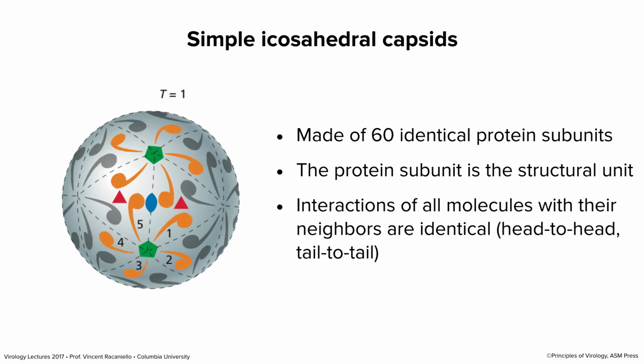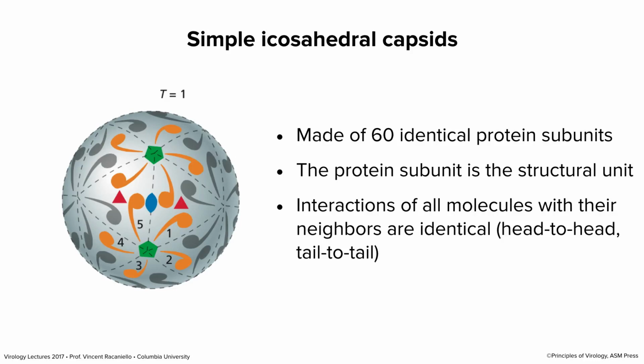In this virus, which we've diagrammed here as a spherical particle, which is correct, we've got the protein subunits shown as commas, just so that you can identify them. And these commas are all made of a single protein. In fact, the protein for this virus is the structural unit. It's the same thing. For some viruses, the structural unit will be a collection of multiple proteins. But for this, it's the same thing.